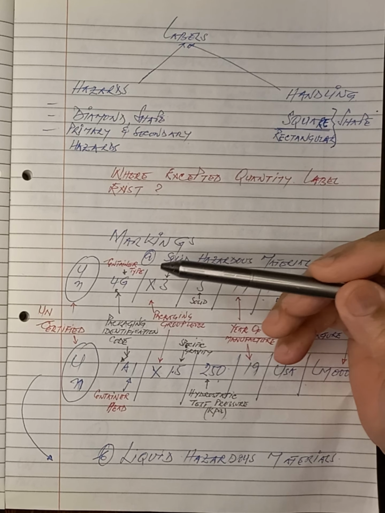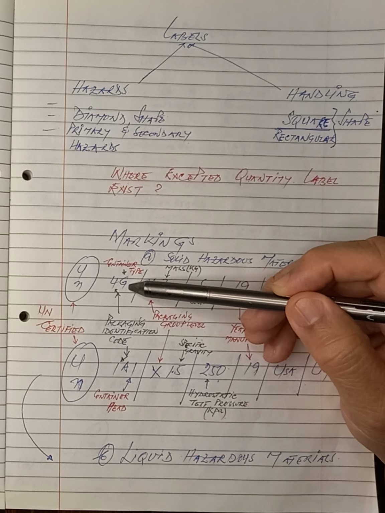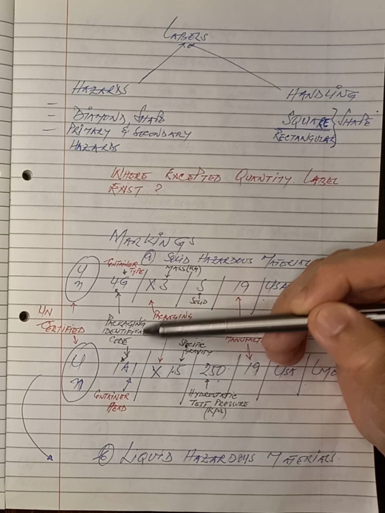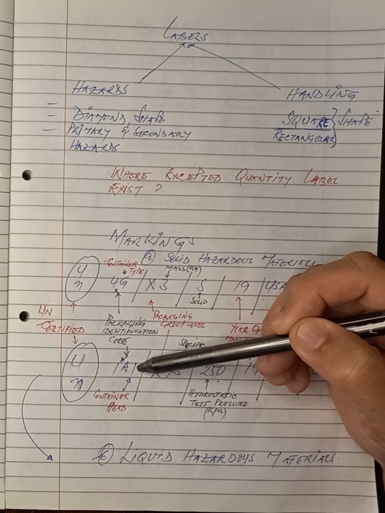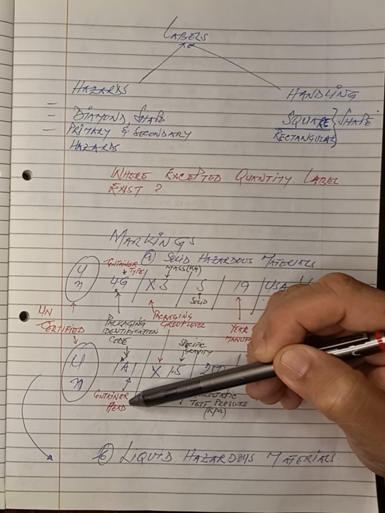Remember, packing identification code, whether this package is carrying dangerous goods in solid or liquid form. The G, this alphabet, represents the container type, and when we have a container carrying liquid, it always has one more digit next to it, and that will represent what type of container head is being used.